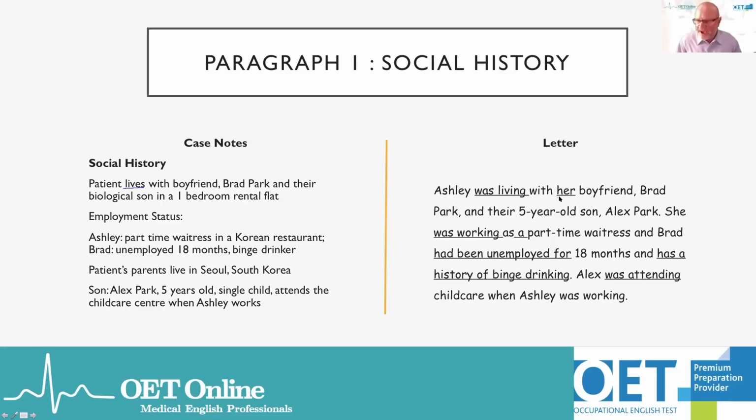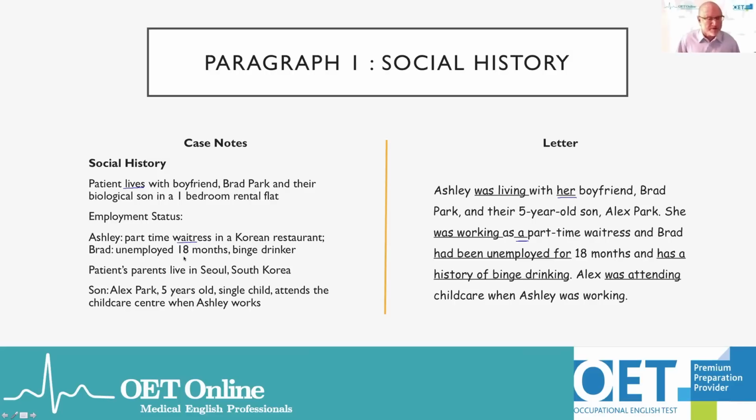In the letter, we've added some pronouns, "her boyfriend," because that's omitted in the case notes, since it's short form. The case notes say "Ashley is a waitress," but here we put an article, "a part-time waitress," because waitress is a countable noun, so we need to add our articles. Very important.